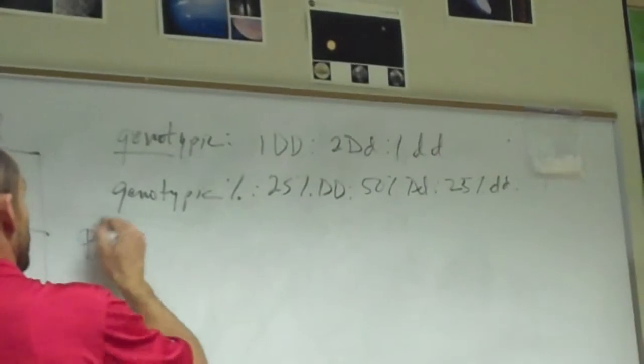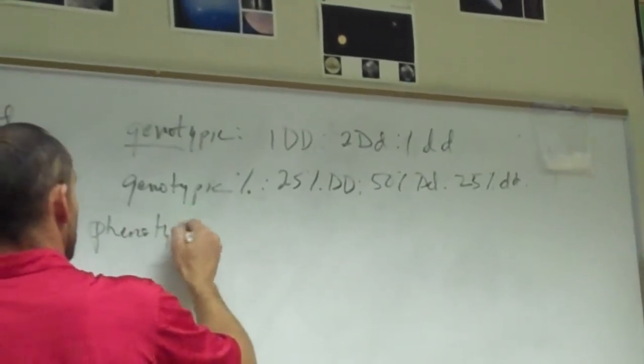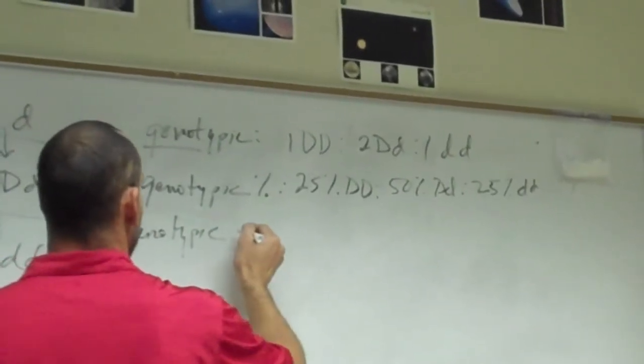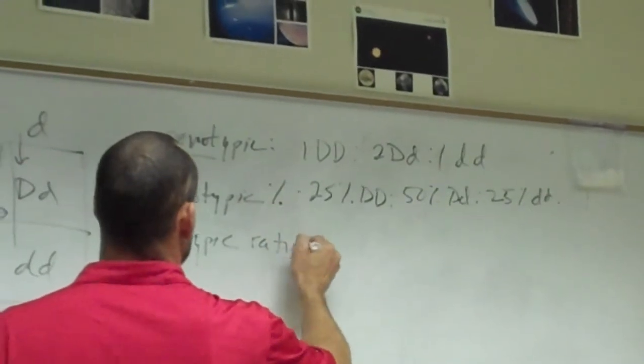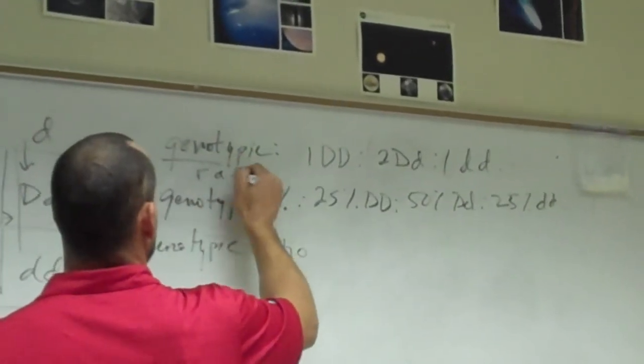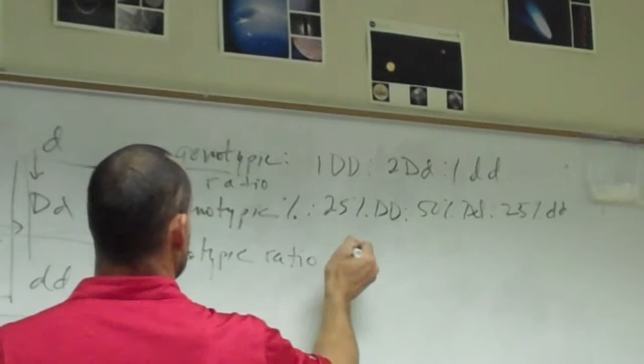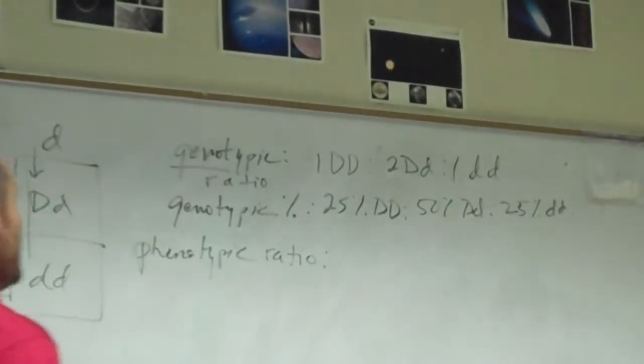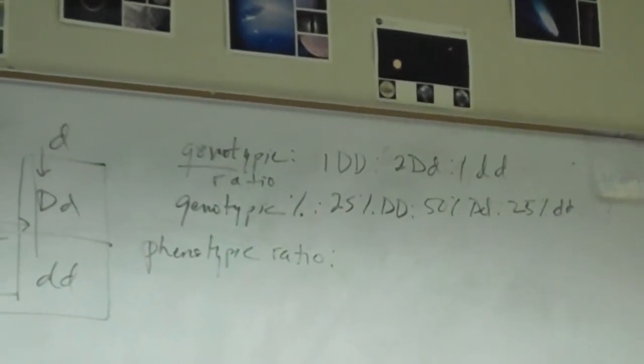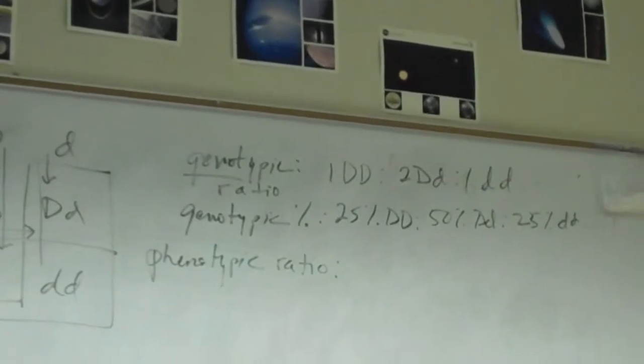Now, my phenotypic ratio is where it changes up a little bit more. So when I ask you guys a question on this, hang on, this is genotypic ratio, sorry. This is phenotypic ratio. If this is for dark eyes, how many children will be born with dark eyes?